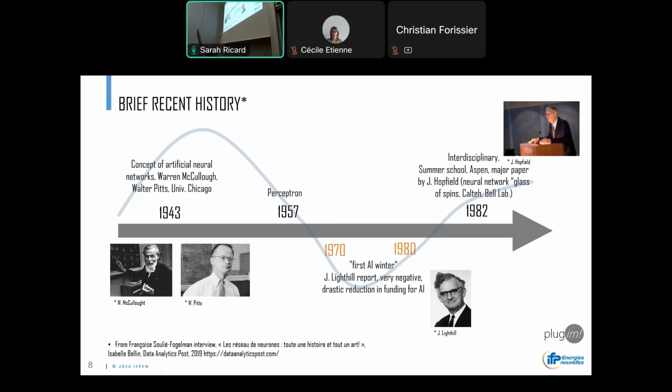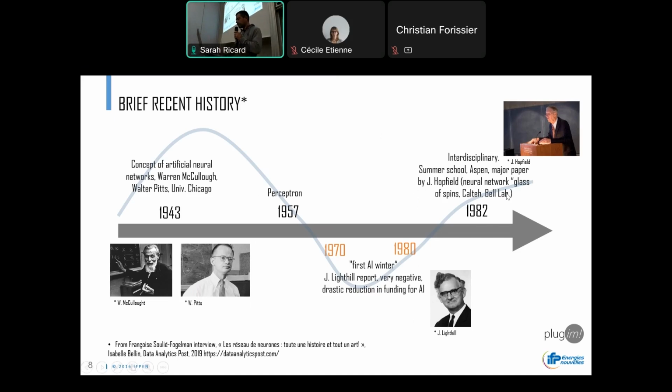If you need to remember one thing, it's here that the community lost interest in these techniques, because if you use only the perceptron with this kind of operation, you are not able to model some simple operations like the XOR operation. So a lot of people said it's not very useful to do this kind of research, because we are not able to model simple operations. There is no way, it's a bottleneck.